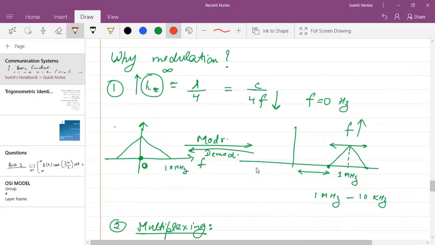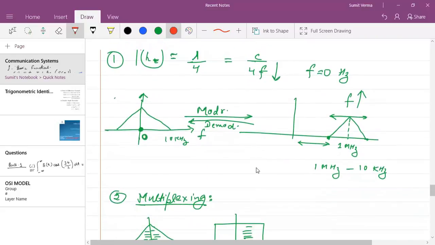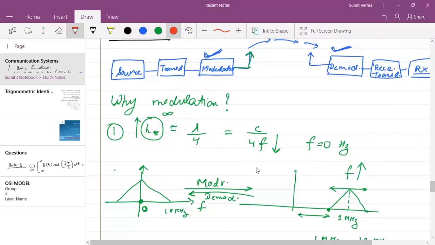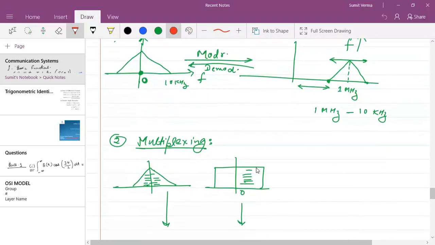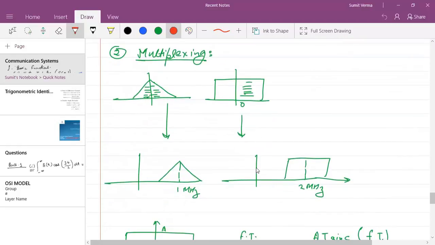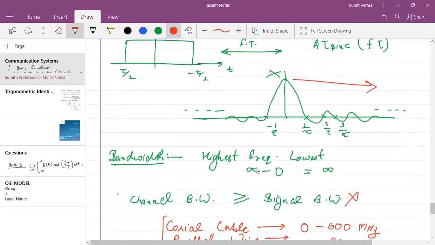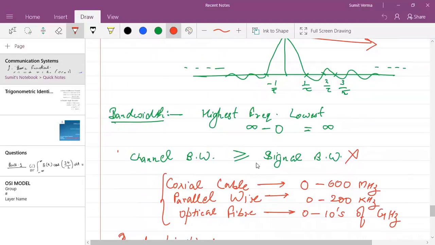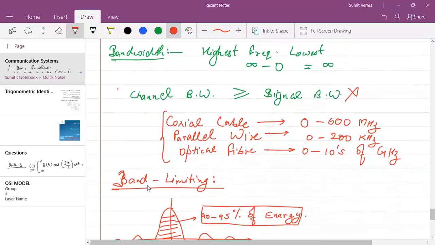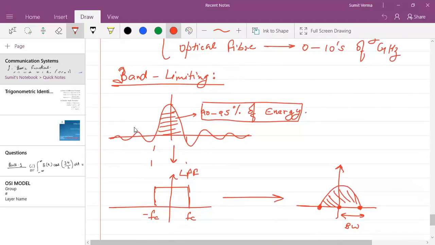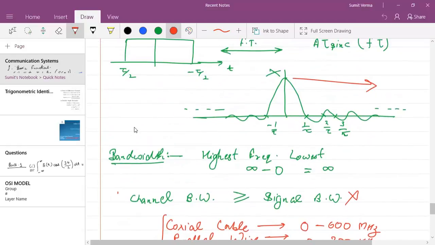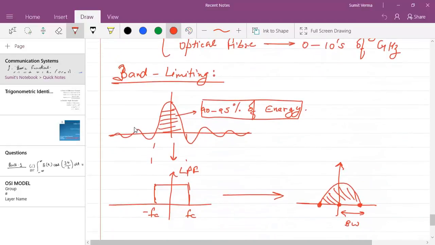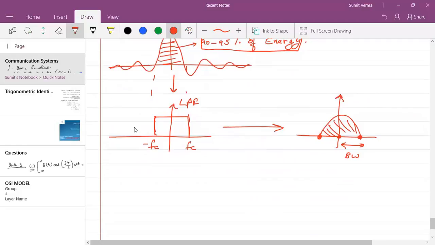So we saw the need of modulation. To maintain a practical antenna height, we require modulation, and another thing we get out of modulation is multiplexing. Then we defined bandwidth, how to define a signal bandwidth. Channel bandwidth should be greater than or equal to signal bandwidth. To limit an infinite bandwidth signal, we saw how to use low pass filters to band limit it to a finite bandwidth.